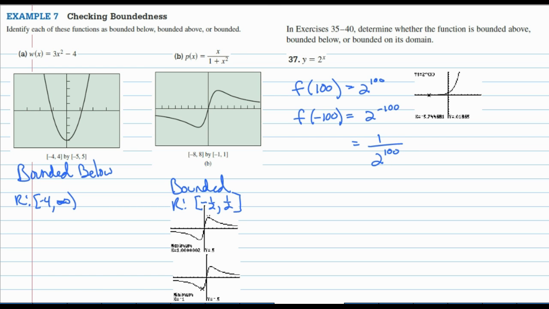If you take 1 and divide it by a really large number, you're going to get something very close to 0. So I can see that my range for this graph is going to be 0, not including 0, though we don't actually get there. And then we go all the way up to positive infinity. So by looking at that range and by looking at the graph, you can see that it's bounded below.